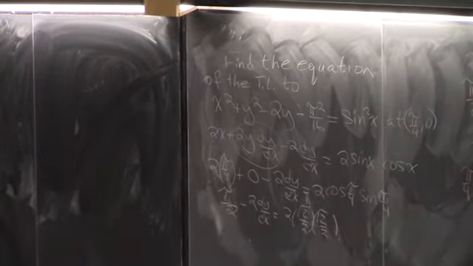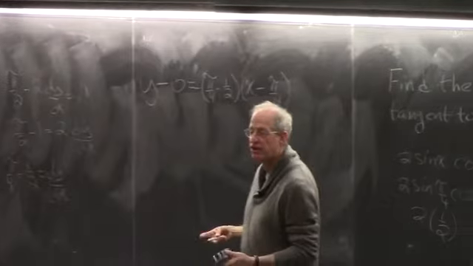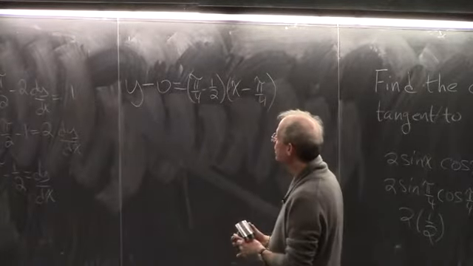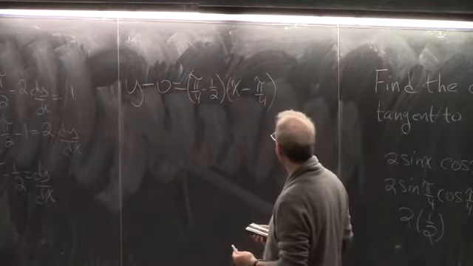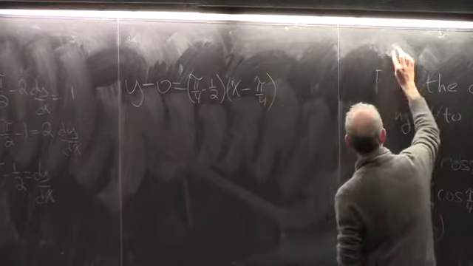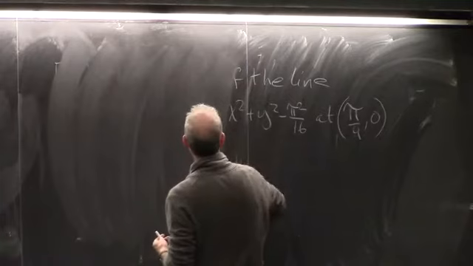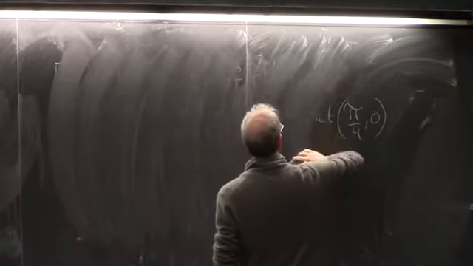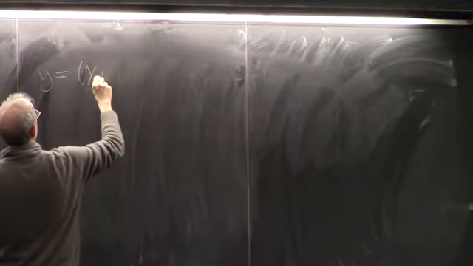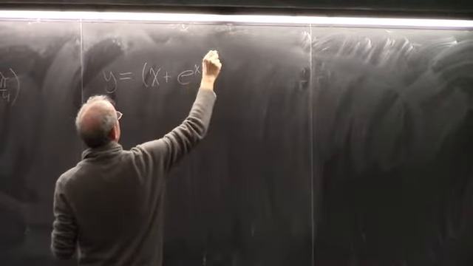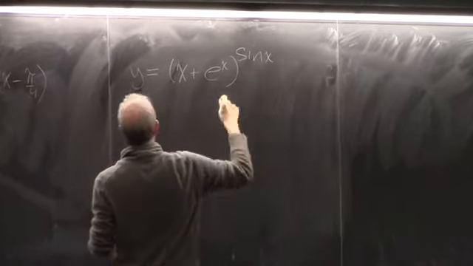All right. How about one of those logarithmic differentiation problems that we had yesterday? All right, let's figure out what to erase. Okay. y equals x plus e to the x, all raised to the sine x.